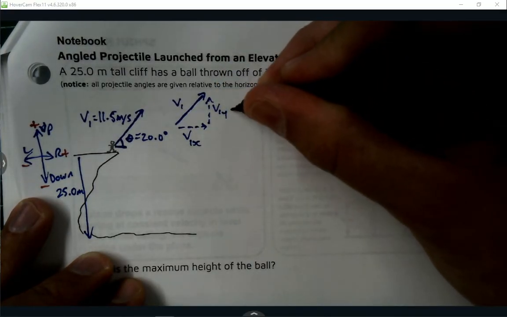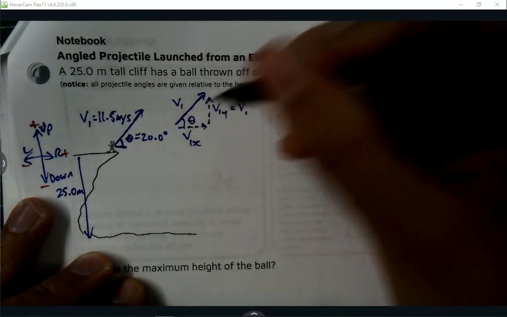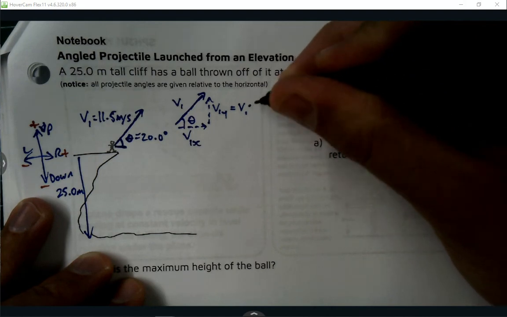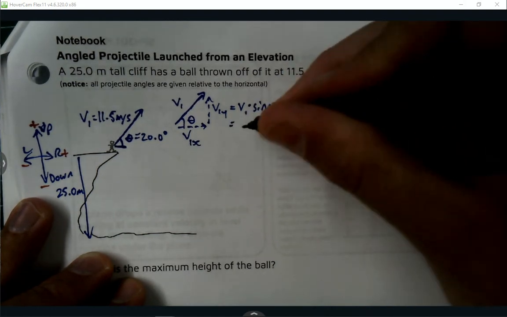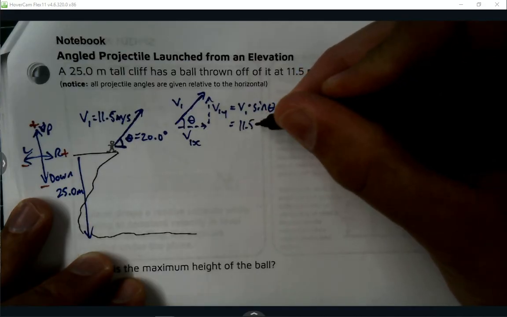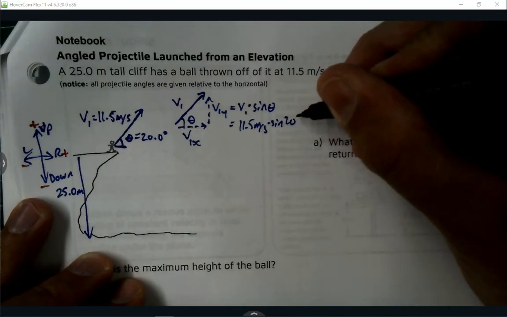such that V1y is equal to V1. Look, there's a theta here. V1 times sine of theta is equal to, looks like it's 11.5 meters per second times sine 20 degrees.